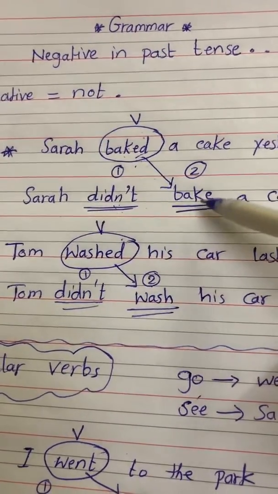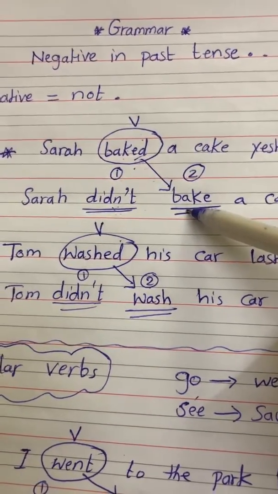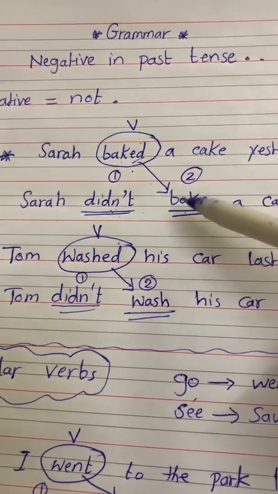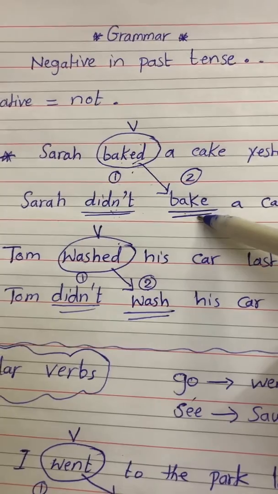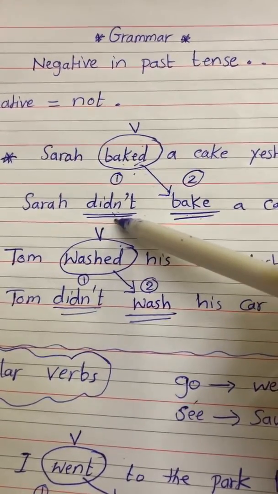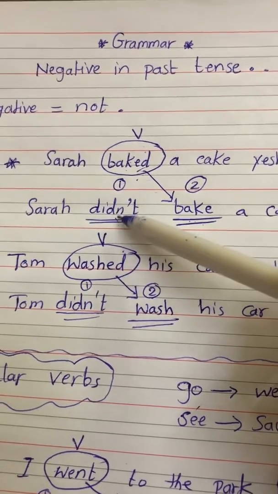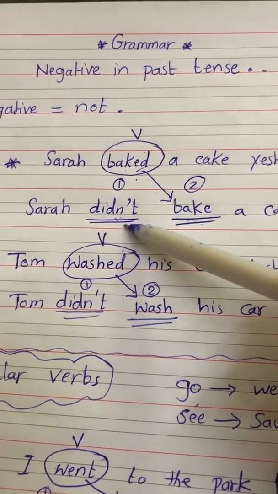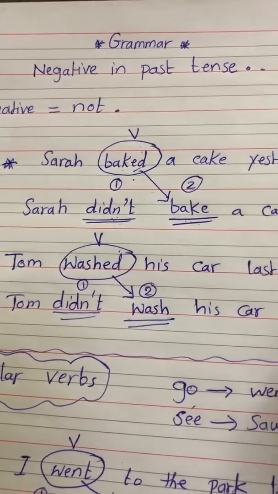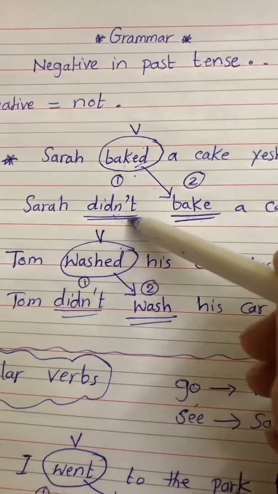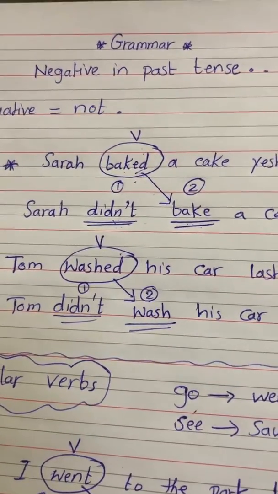Then here, look here, what did I do? Here I write the verb bake without ed. Why? Because didn't here is very strong. If didn't comes to the sentence, no addition will stay with the verbs. Again, didn't here is very strong.